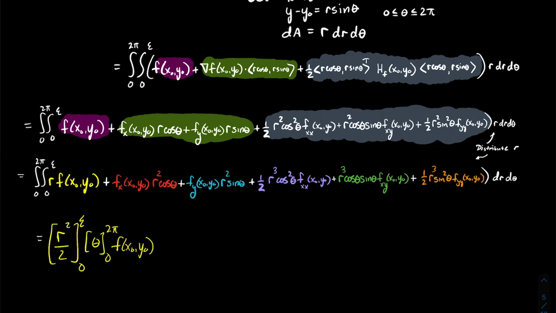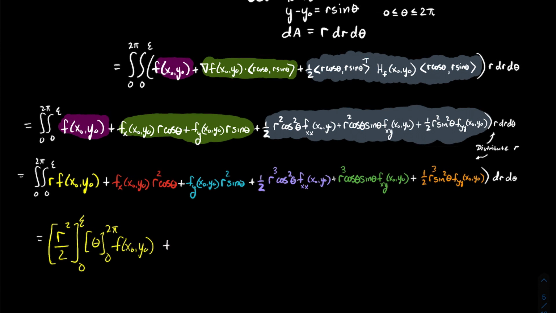So the yellow, r is the variable, and f of x naught y naught is constant with respect to theta. So this just becomes r squared over 2 from 0 to epsilon, and then you pick up a theta from 0 to 2 pi times that constant f of x naught y naught. I'm using the bracket notation to talk about how you evaluate an integral from a to b, like f of b minus f of a. What's the red look like?